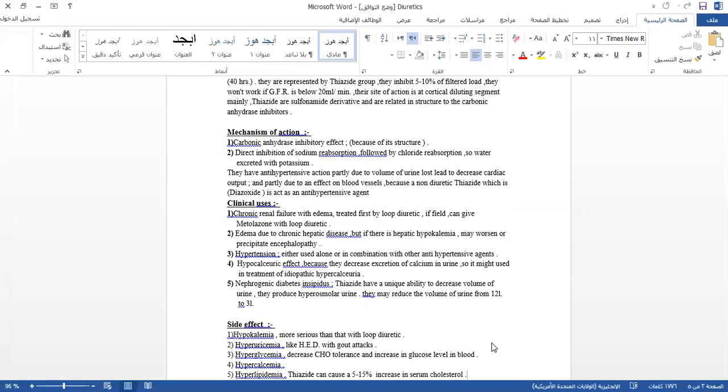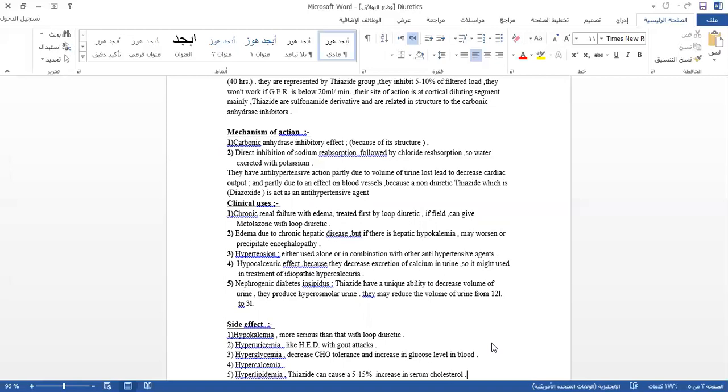Number two, high efficacy diuretics can work if the GFR is below 10 ml per minute, while moderate efficacy diuretics cannot work if the GFR is below 20 ml per minute. Site of action: high efficacy acts at the medullary part of the ascending limb of Henle, while moderate acts at the cortical part of the loop of Henle in addition to the distal convoluted tubule.